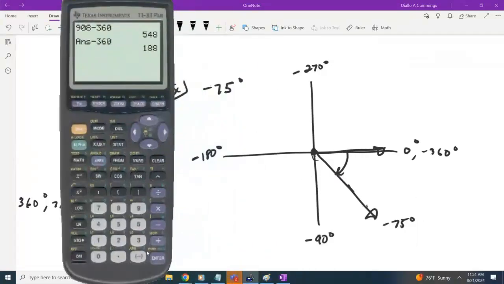I'm going to add 360, right? Negative 75 plus 360 is positive 285 degrees. So negative 75 degrees and 285 degrees are coterminal angles.